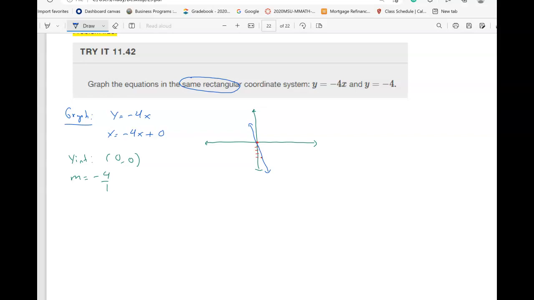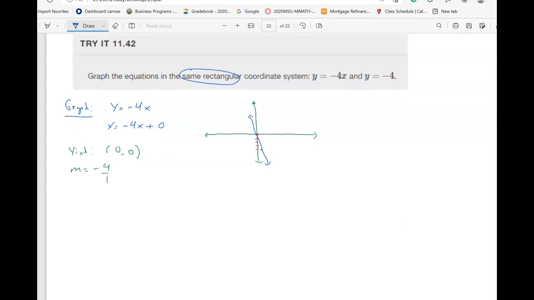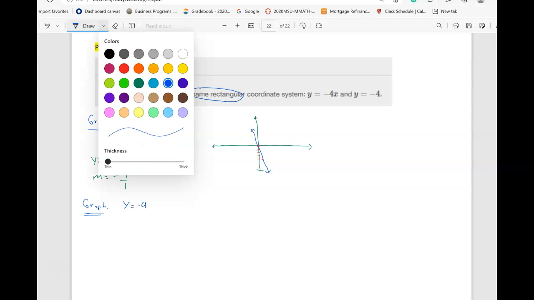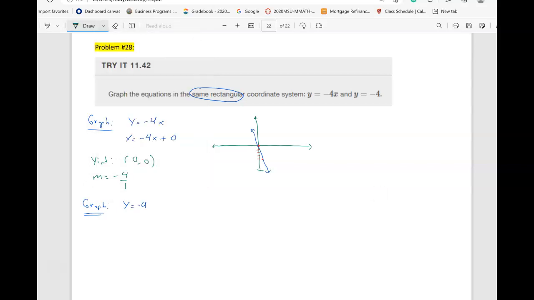Our second graph, and this is kind of like side work. I'll show you what it looks like once we put them on the same coordinate plane. So our second graph, we're looking at y is equal to negative 4. And in this case, y is equal to negative 4 represents a horizontal line.